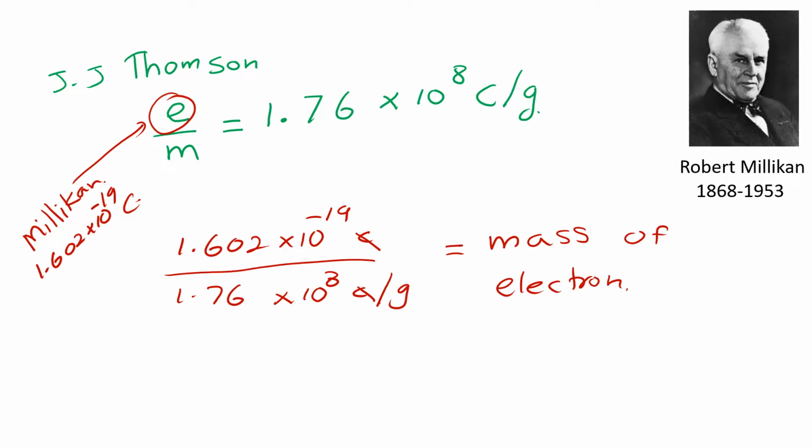So isn't it interesting? Actually, a very simple calculation. So you can see the mass of electron is actually a calculated value. It is not a directly measured value. It's a calculated value.